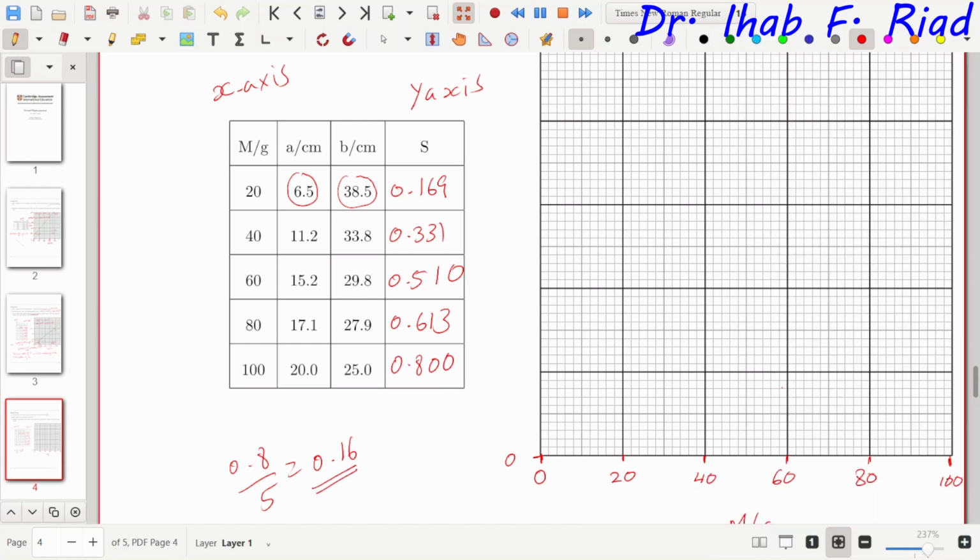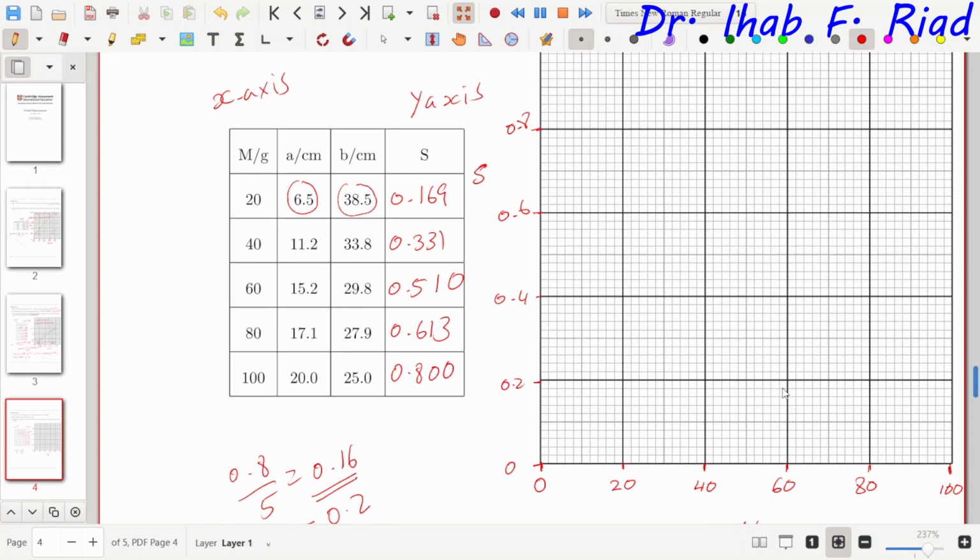The next best one is 0.2. So we make the scale over the y-axis 0.2, 0.4, 0.6, 0.8, and this is S. And S doesn't have any units. Now let us start plotting our points.